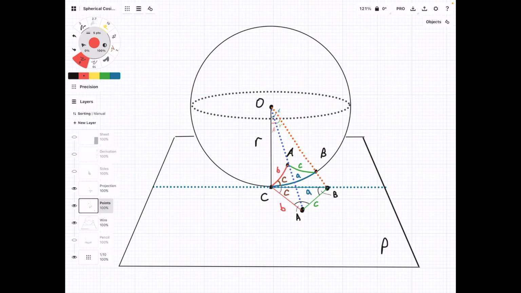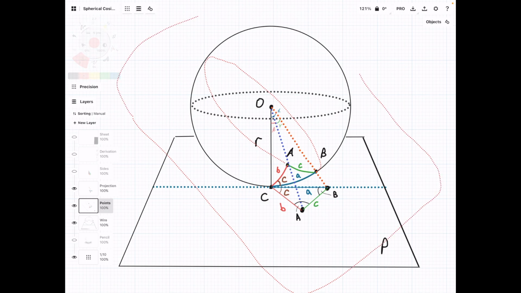I can do the same thing for arc C like this. So C's great circle could look something like this. And again, when we extend it out through this plane, it's going to form this line where the planes intersect.